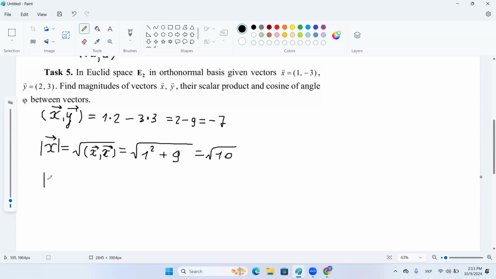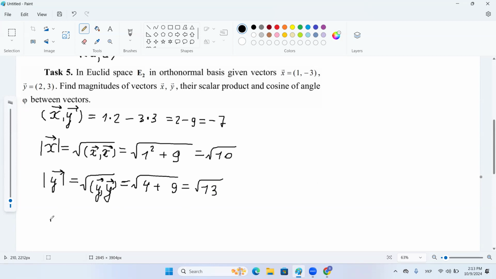This is the magnitude of x, and then the magnitude of y. So the square root of the scalar multiplication of y by itself. Four plus 9, square root of 13.